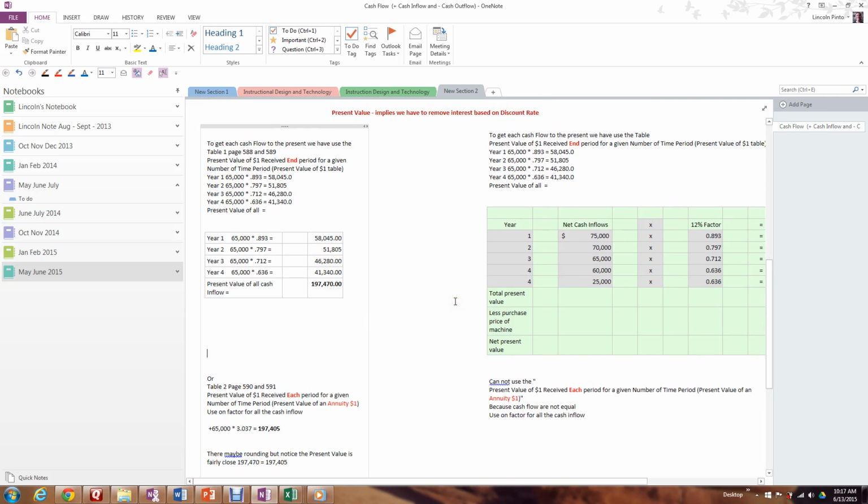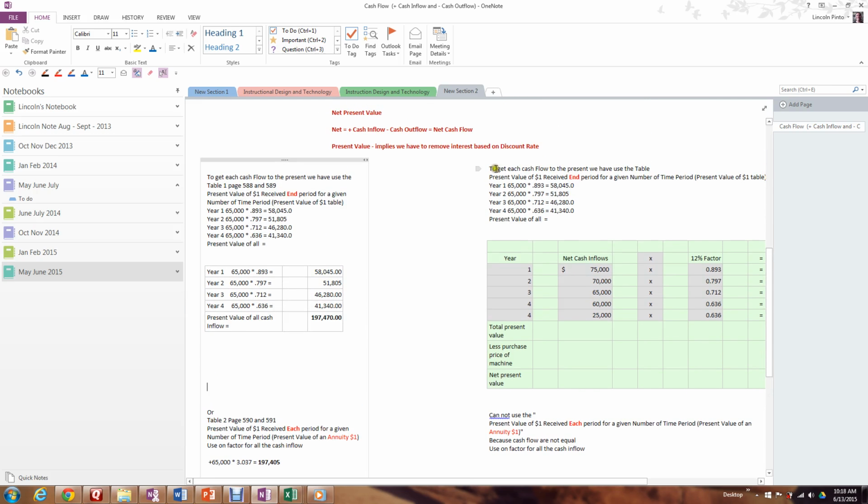But in your assignment, you have unequal cash flows, so you cannot use the annuity table. You have to use the present value tables from pages 588 and 589.